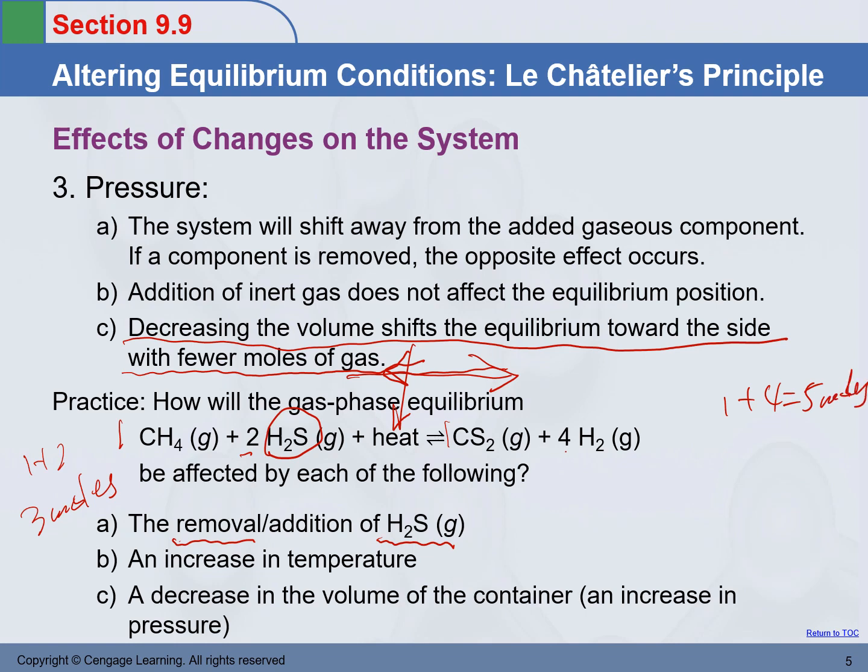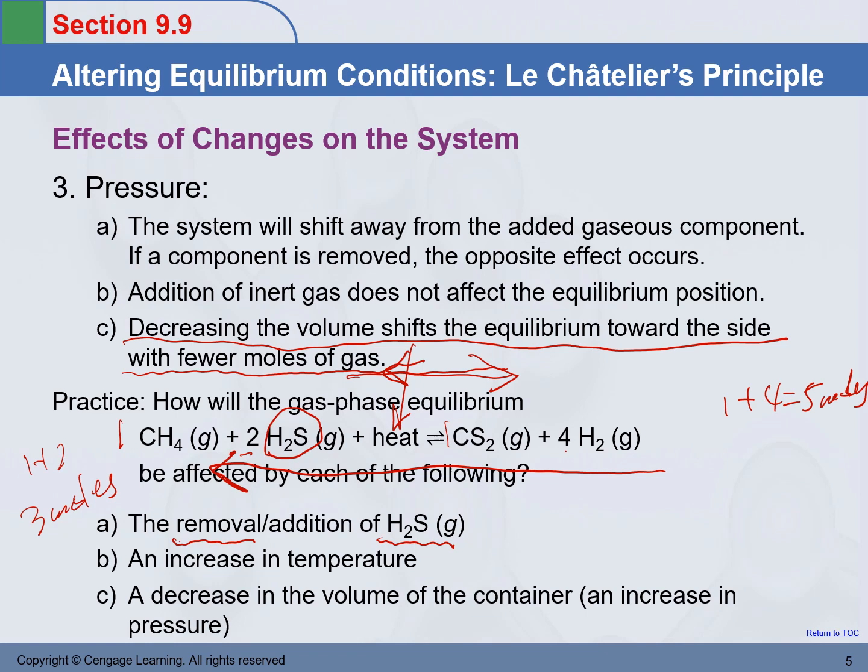To go from left to right, 3 moles becomes 5 moles. To go from right to left, 5 moles becomes 3 moles. So if you decrease the volume or increase the pressure, the system is going to shift towards the direction that has fewer moles of gases. So a decrease in volume or increase in pressure in this case will shift the equilibrium to the left, towards the 3 moles direction.